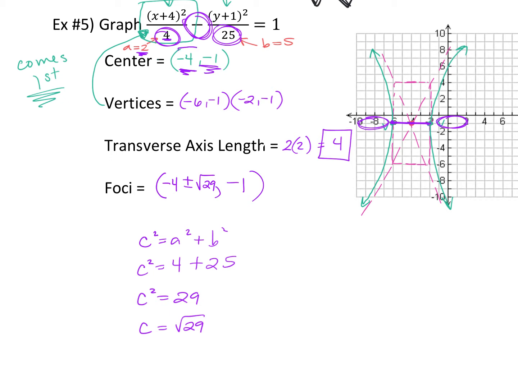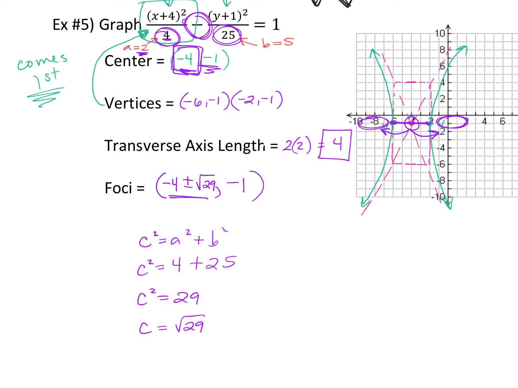From your center, remember, your foci is always going from the center to your foci c units away. So you want to go from here, c units this way, and c units that way. So you take that -4, because you can't actually add them together because it's a rad. You're just going to say -4 plus rad 29 and -4 minus rad 29, but you're not actually going to turn that into a simpler number because it'd be a decimal.